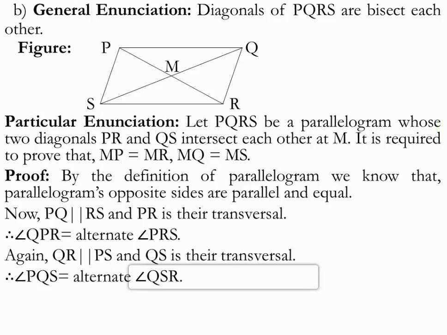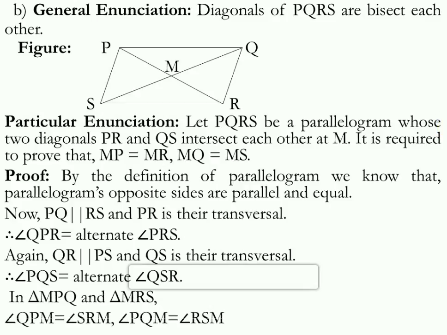Now in triangle MPQ and triangle MRS, angle MPQ equals angle MRS and angle MQP equals angle MSR.